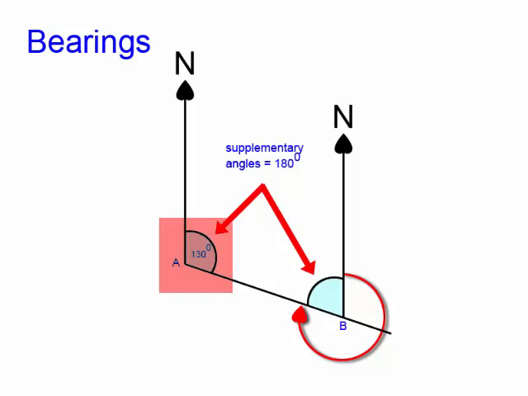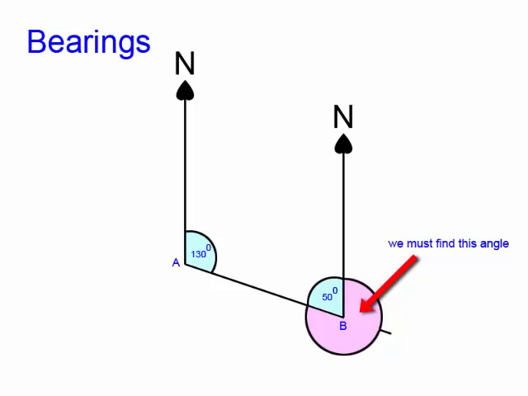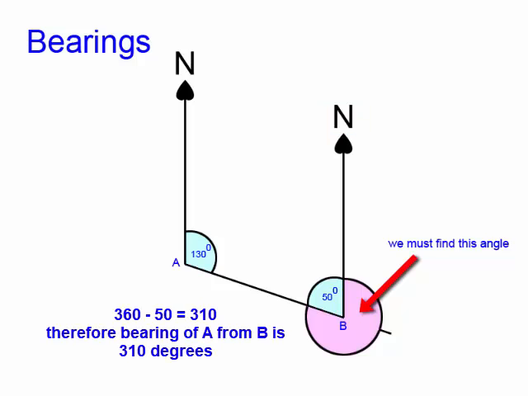So if angle NAB is 130 degrees, then angle ABN is 50 degrees. Now remember, this is the angle we are interested in, because a bearing from position B towards A is always taken from the northern position. So this angle can be calculated by subtracting 50 from 360 degrees, which gives us a bearing of 210 degrees.